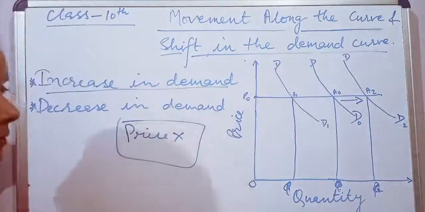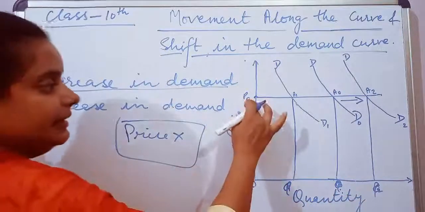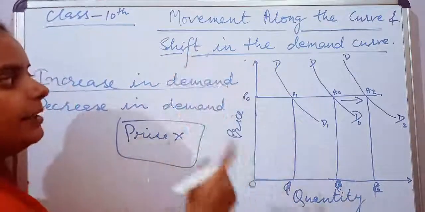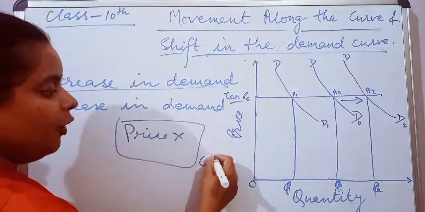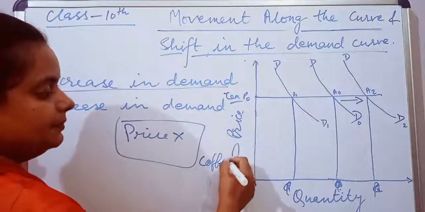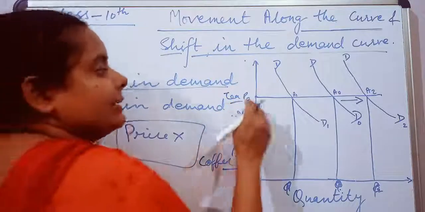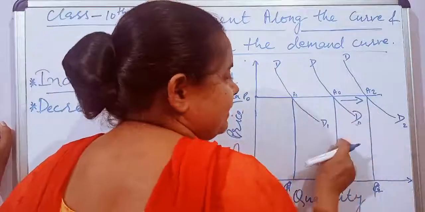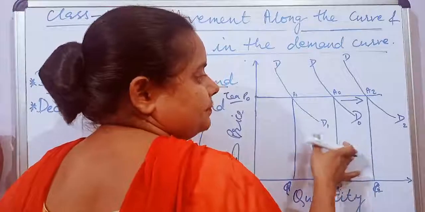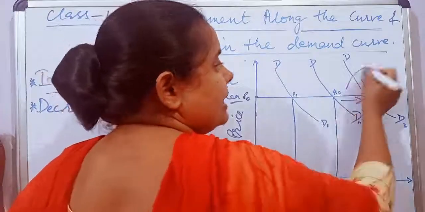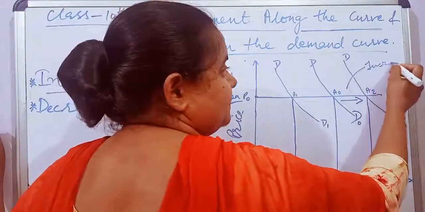But the price of coffee increases. What will happen? The demand for tea will also increase. At the same price, it will shift this side. So it will show an increase in demand.